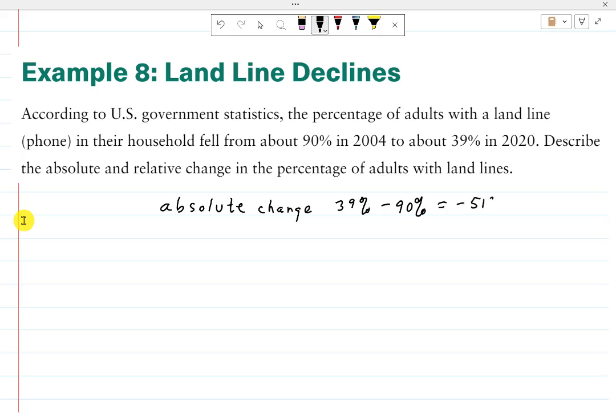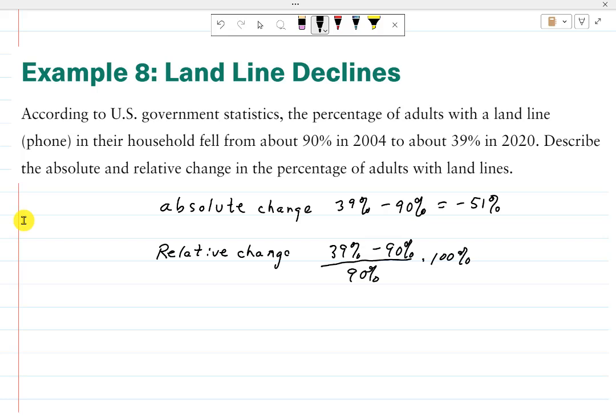That's negative 51%. And then the relative change, we're going to have 39% minus 90% divided by 90% times 100%.